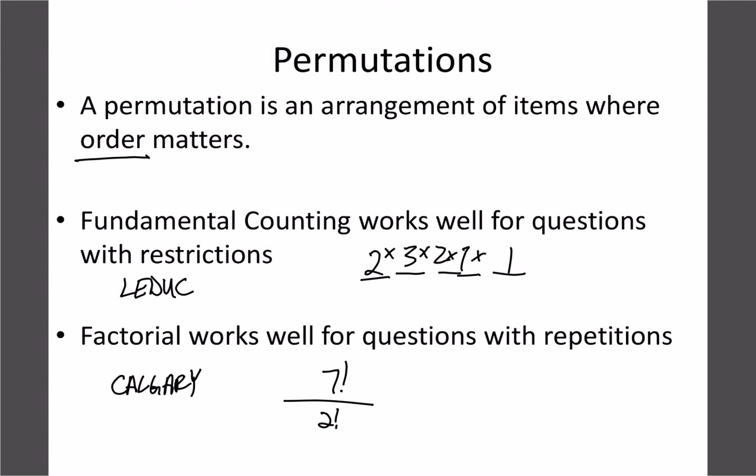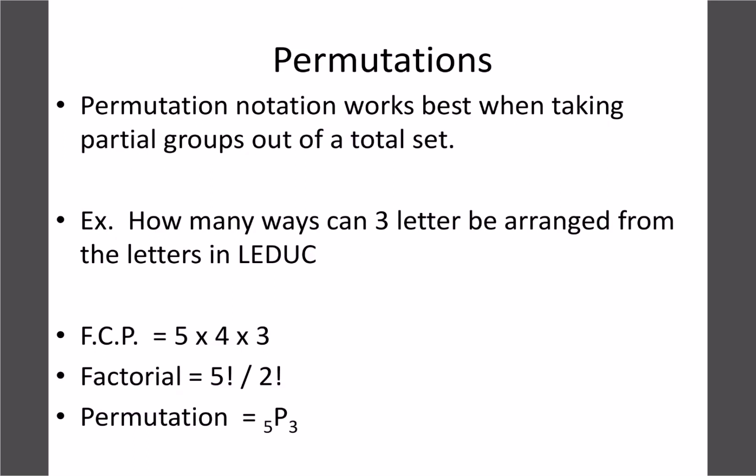So repetitions work well for factorial or pathway questions. So remember, if I give you a pathway that has 4 blocks across, 3 blocks down, we're going to walk 7 blocks total, but we've got 4 repetitions of across and 3 repetitions of going downwards.